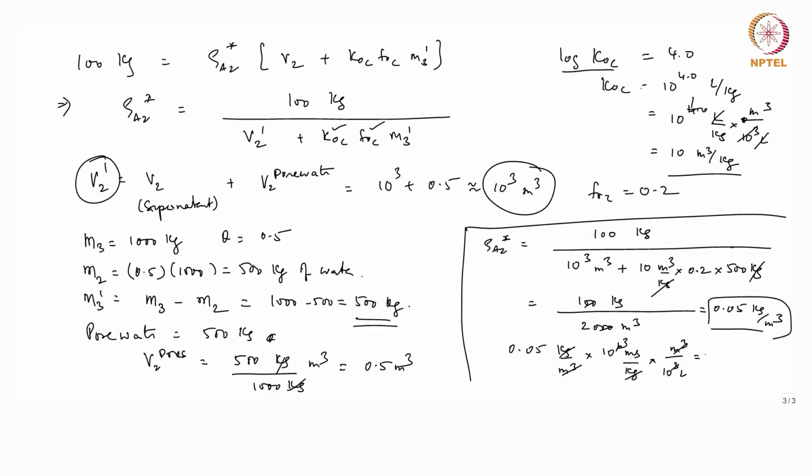What will this give you? 0.05 into 10 raised to 3 is 50 milligram per liter. So, this is your answer. rho A2 star is 50 milligrams per liter.